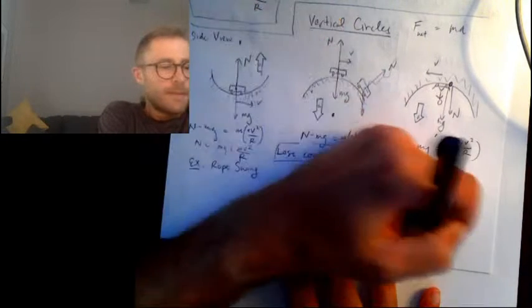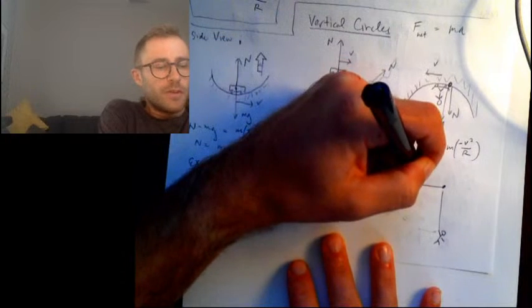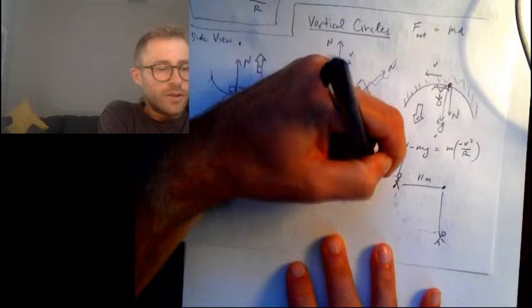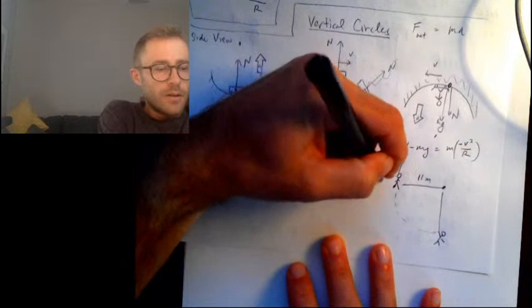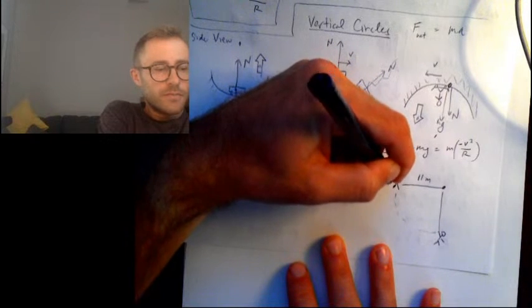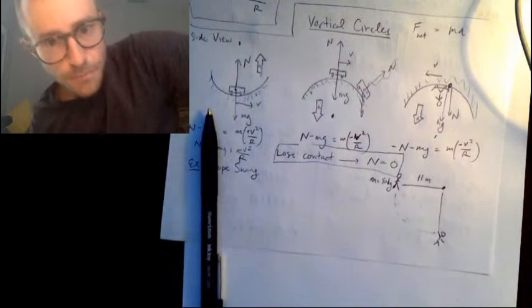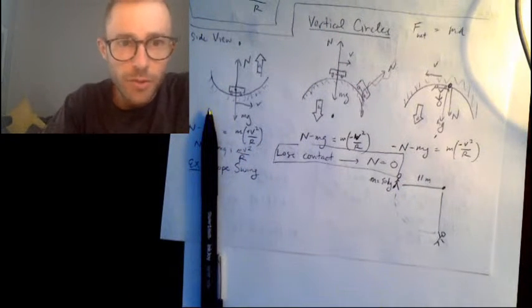Let's say that the rope is 11 meters long, and let's say that the mass of the person is 50 kilograms.